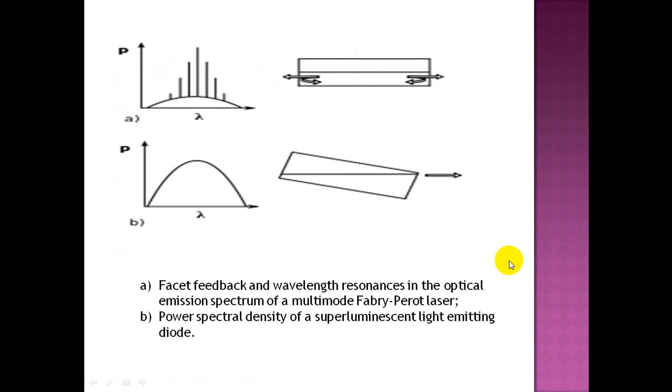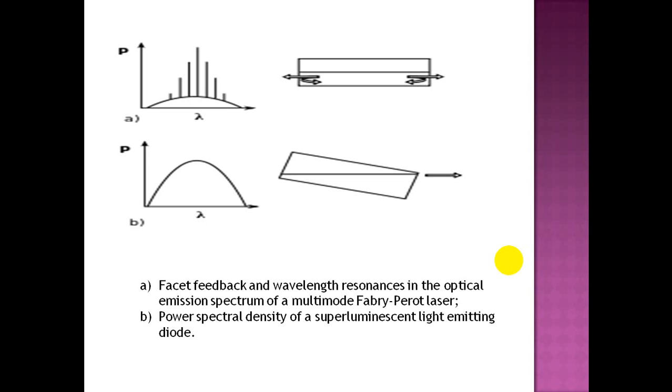This is the diagram of a facet feedback and wavelength resonances in the optical emission spectrum of a multimode Fabry-Perot laser, and the power spectral density of a superluminescent light-emitting diode.